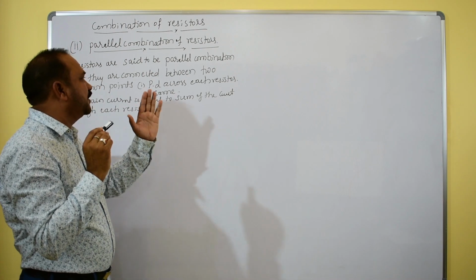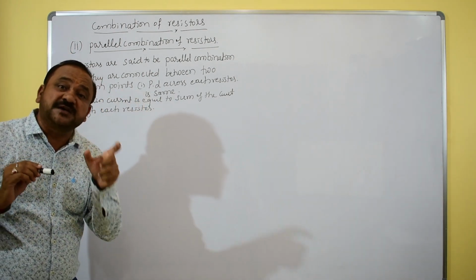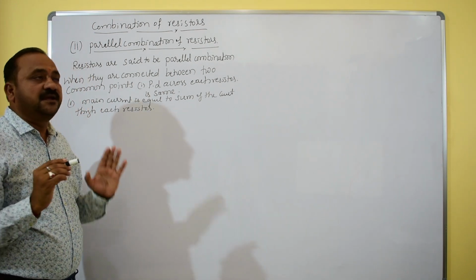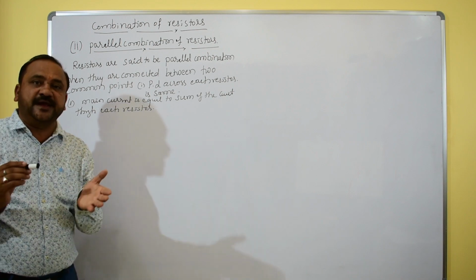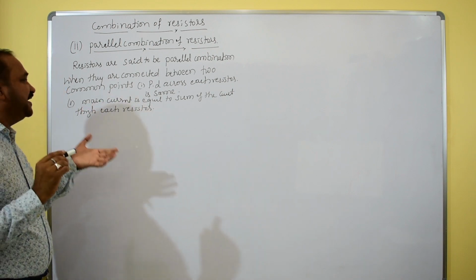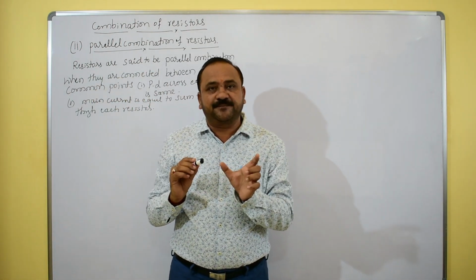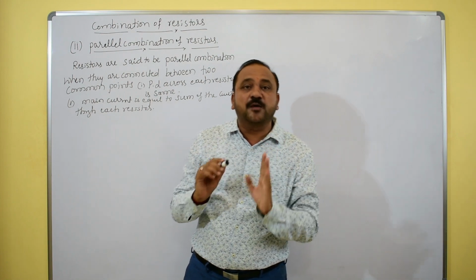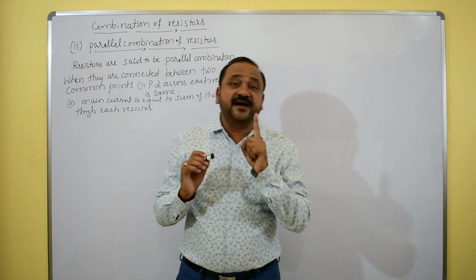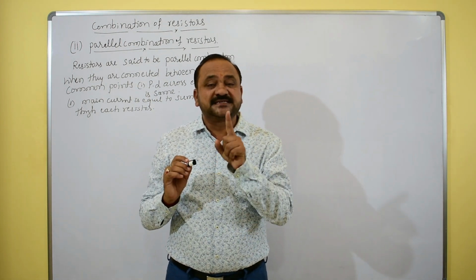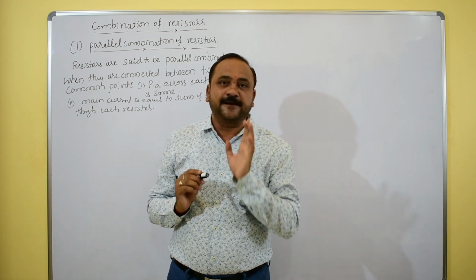Potential difference across each resistor must be the same, but the total current must be equal to the sum of the currents through each of them. Means in a parallel combination of resistors, the current is different, while the potential across individual resistors must be the same.